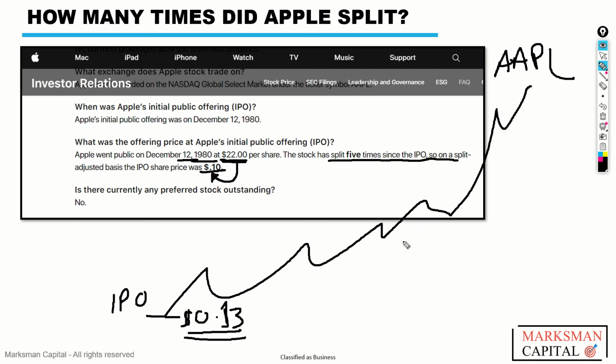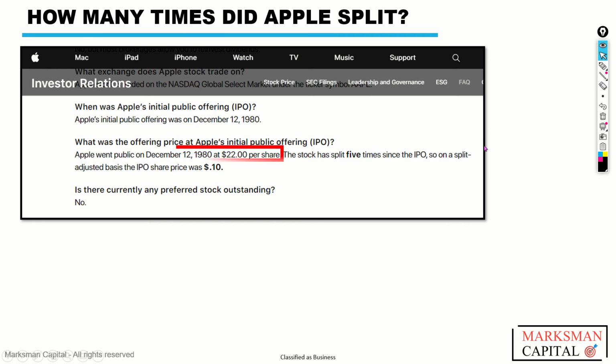This is because every time there's a stock split or dividend payout, the whole stock price has to be readjusted, and this affects the initial offering price as well. So let's look at the history.